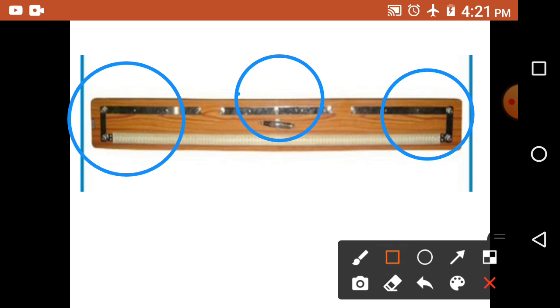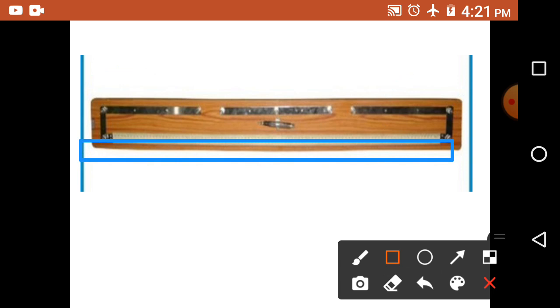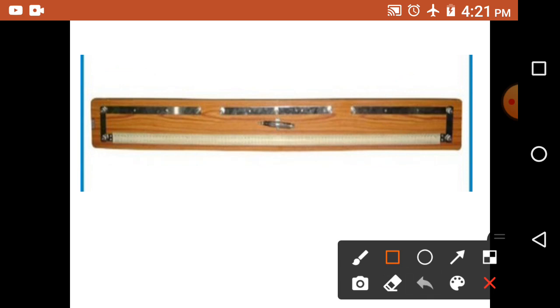This is the left gap, this is the right gap, and the wire 1 meter in length is over here on the scale. The scale is used to measure the length of the wire.